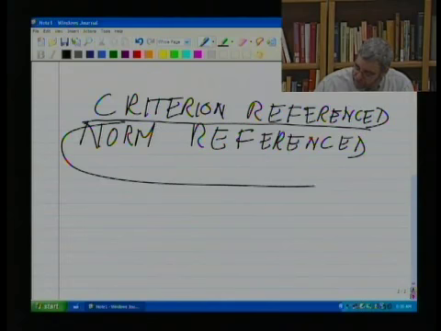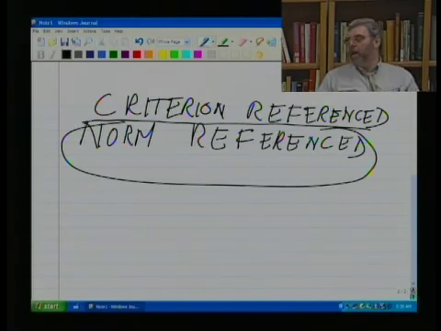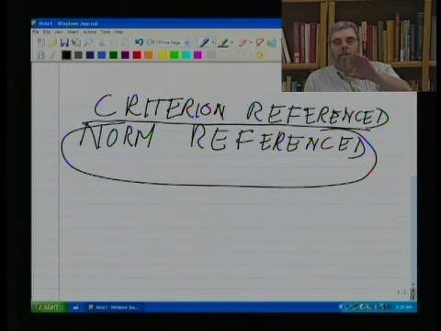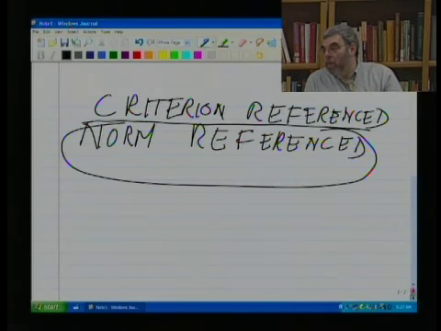But a norm reference test says, I'm going to compare how you did to the norm. What people normally got, to the average, if you will. Okay, come back to me. And at a certain cutoff point, I'm going to say if you're too far below the average, forget it. You're not benefiting.